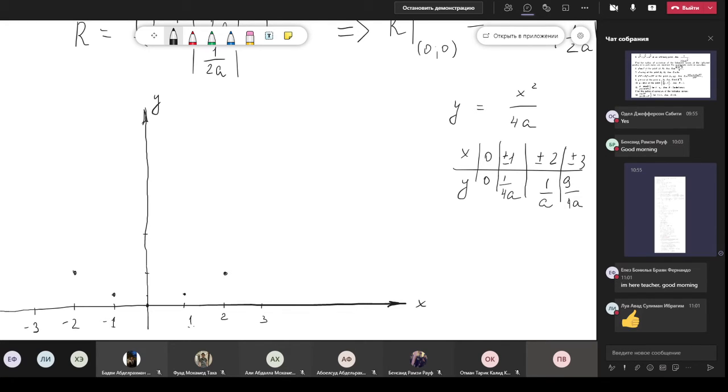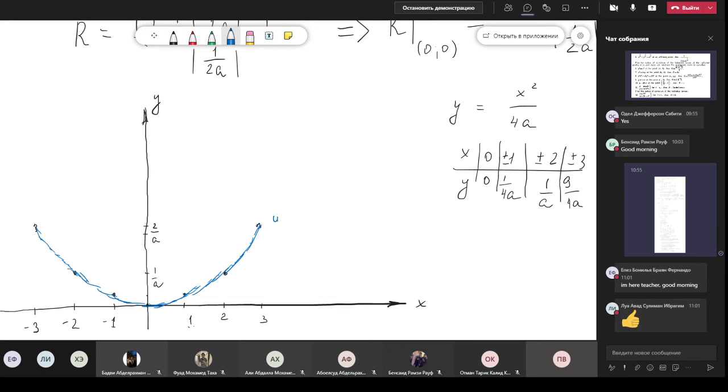Well, our curve, this curve, we must calculate at the point 0, 0.